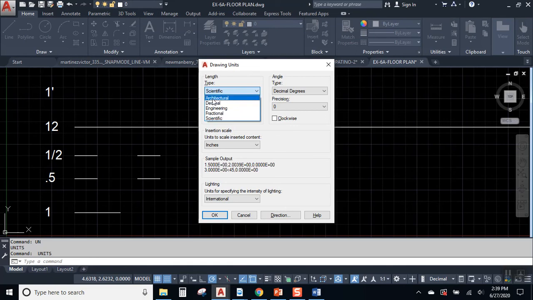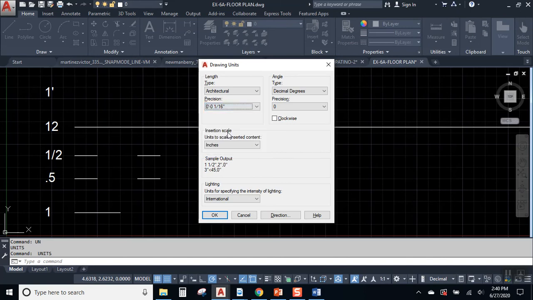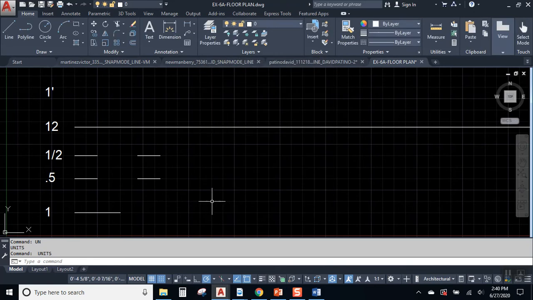The other one we want to take a look at is architectural units. And notice that we can control how precise it is. The nearest 16th of an inch is generally acceptable and good. I'll hit OK. And now look at my cursor as I move around the screen. Something's changed on the status bar at your coordinate display.